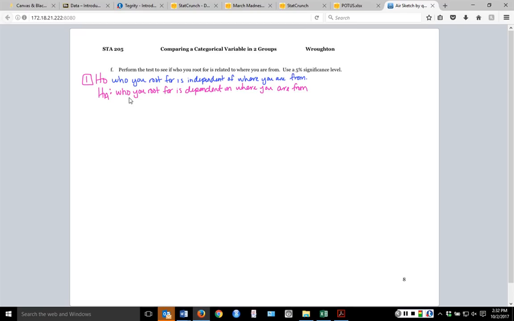Step 2 is always that decision rule, which is to reject the null and believe the alternative if our p-value is less than alpha, which was given to us in the problem as 5%.